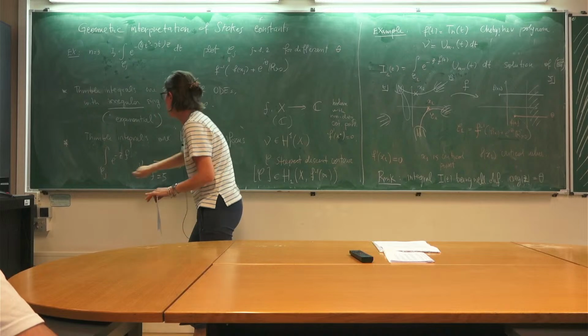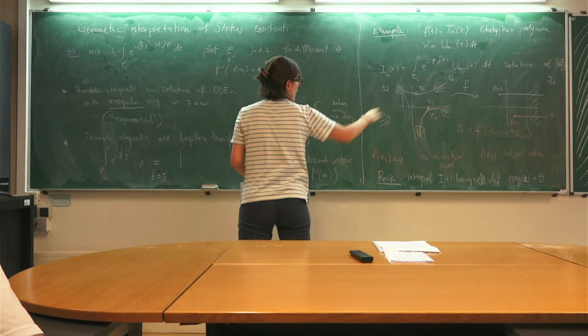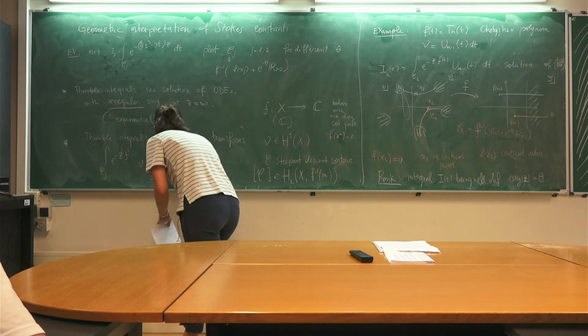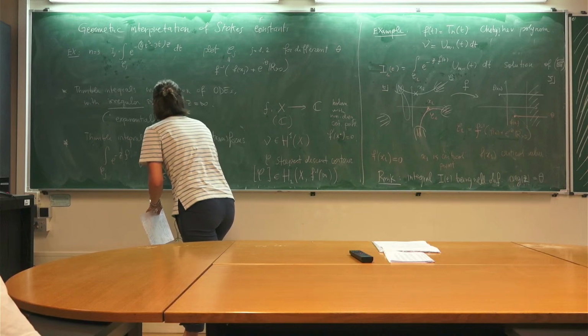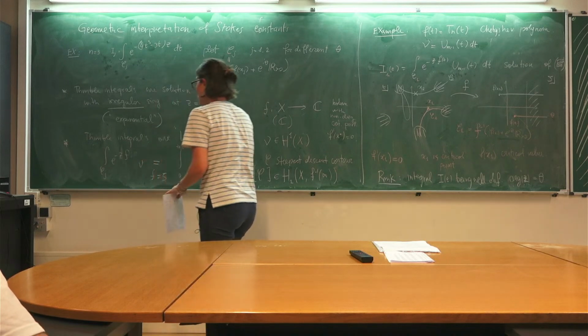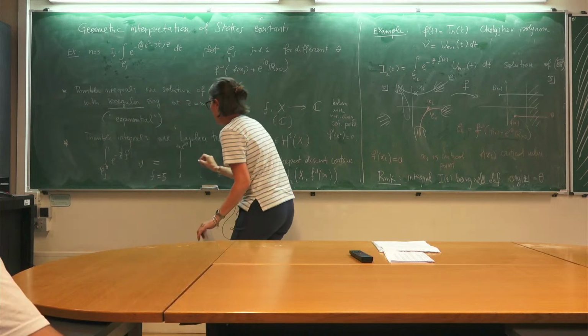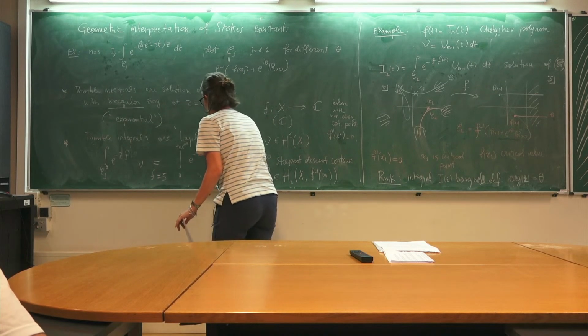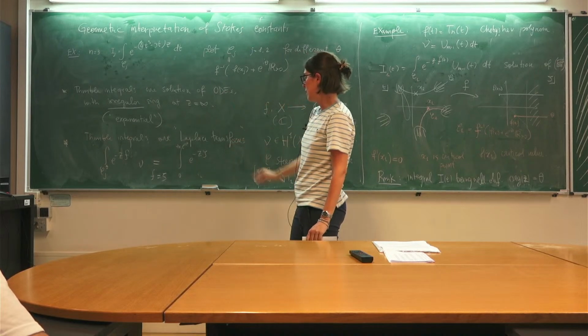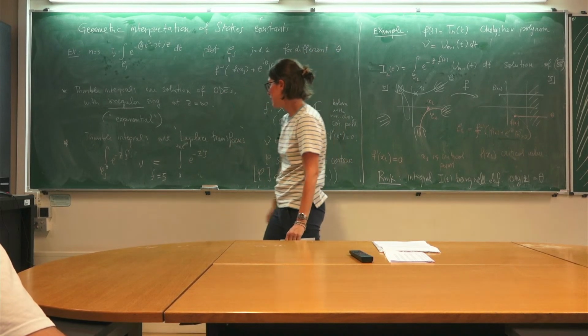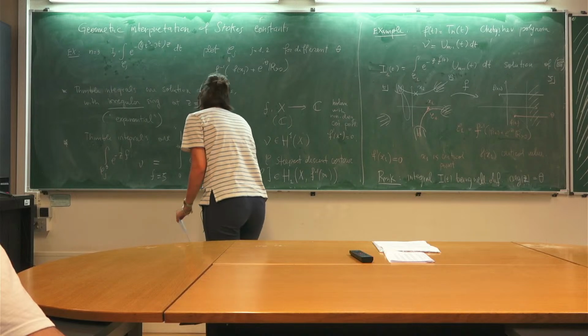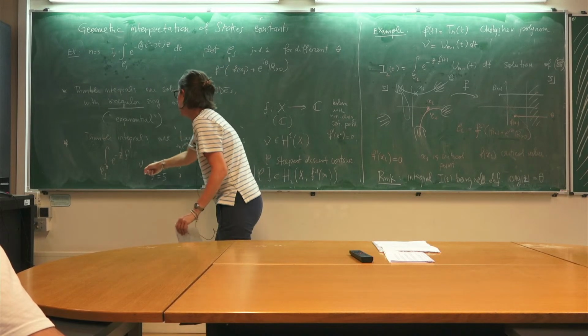When you take the image of the contour, you get one of these lines. So you go from 0 to infinity in some direction. So maybe here, let me also add a theta. Here you just get zeta. And now here, of course, you have to take the pullback of nu.